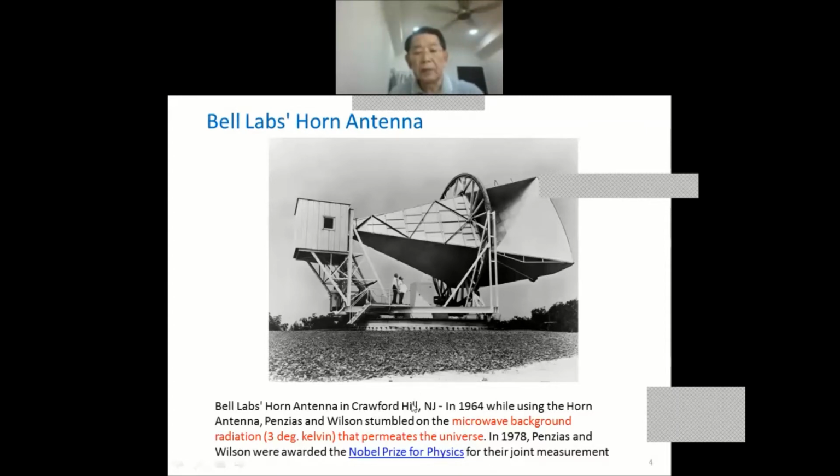They discovered that in the universe there is a background noise temperature of 3 degrees Kelvin. From this finding, they received the Nobel Prize for physics in 1970. So for space research, antennas have a very important role.